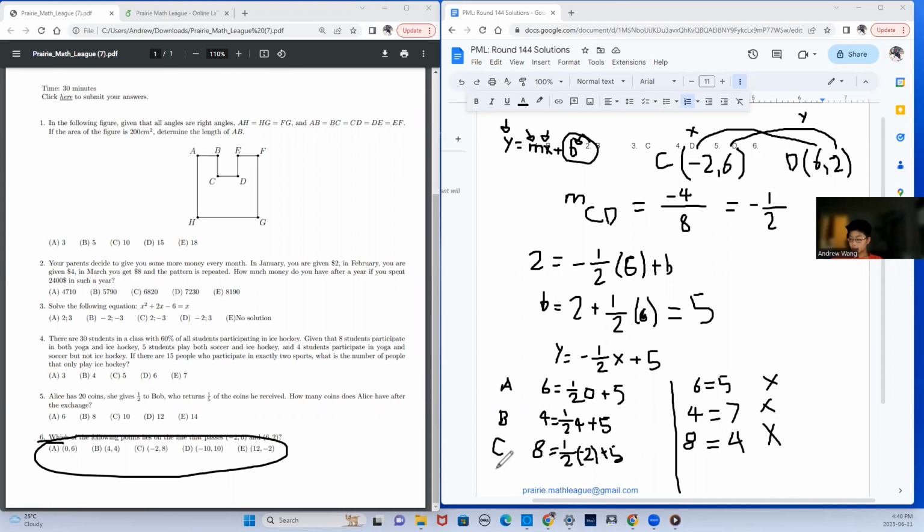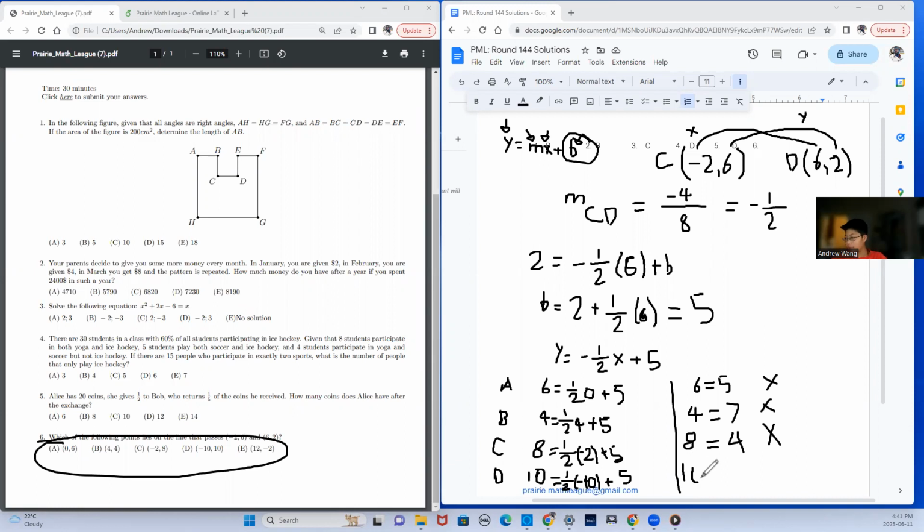So let's check D now. The coordinates for D are -10 and 10. So let's plug it in. The equation is 10 equals half of -10 plus 5.